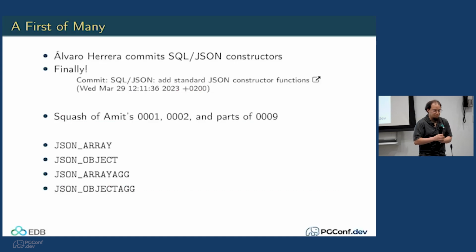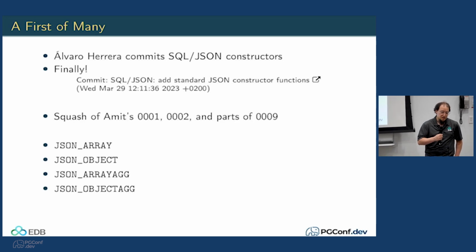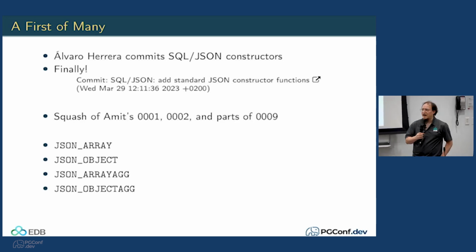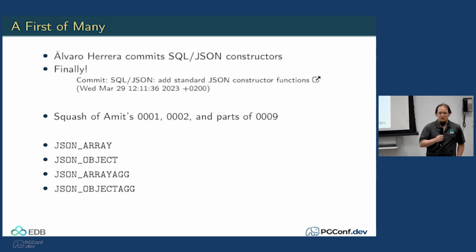So I got involved at that moment, and I committed the first of those patches, the SQL JSON constructors patch, on March 29 of that year. So just before 1 week, 1 week before the commit fest ended. So it was quite late.